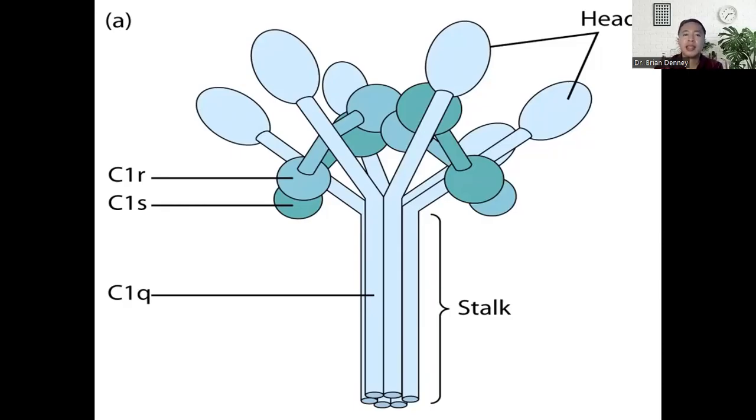Again, C1Q, C1R, and C1S make up the C1 complex. Look at the structure, look at the diagram shown here. Now, the C1Q is actually comprised of polypeptides. Again, remember, proteins are substances made up of polypeptides. So if you break down proteins, you get polypeptides. If you further break down polypeptides, you get amino acids.